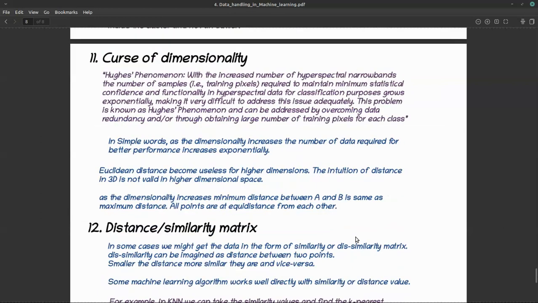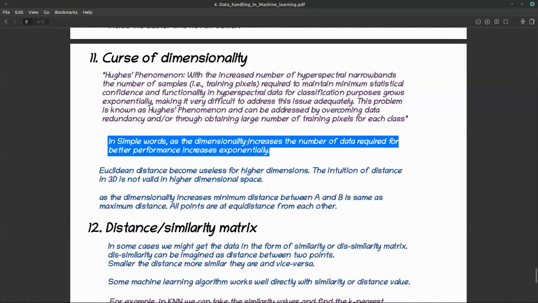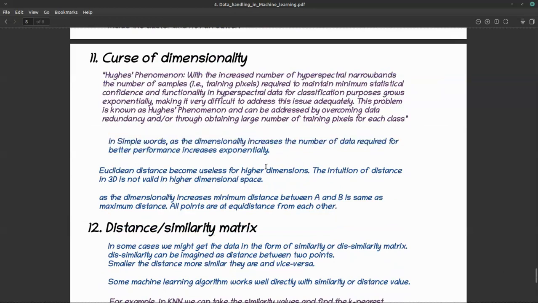Next is the curse of dimensionality. There is one huge phenomenon. What it is saying, in simple words, is that as the dimensionality increases, for the same performance, let's say you want 95% performance, the number of data points you will need in 3D and the number of data points you need in 30D differ.